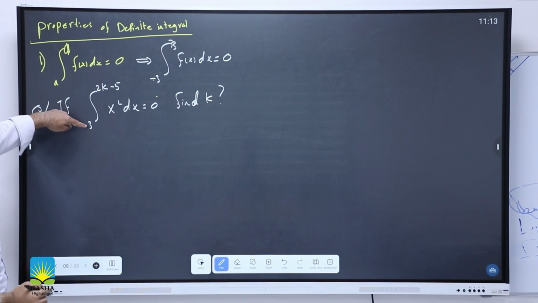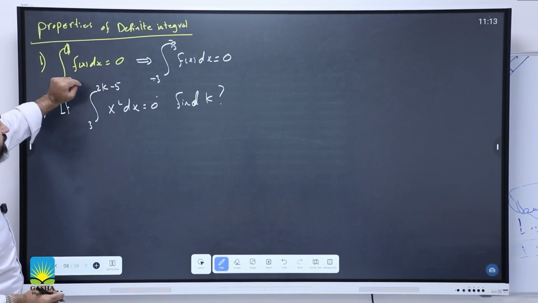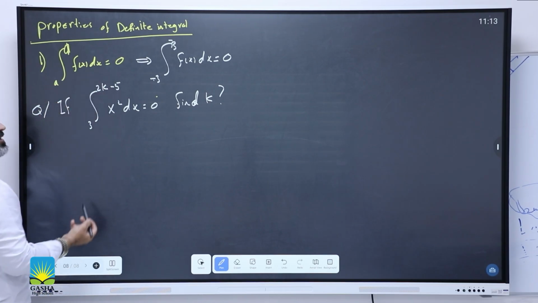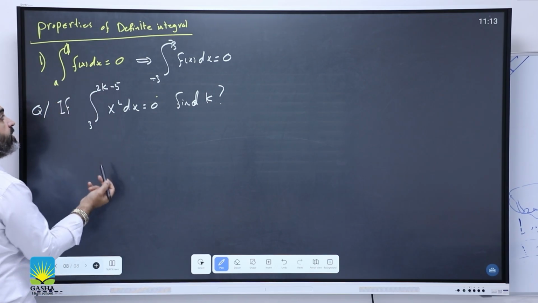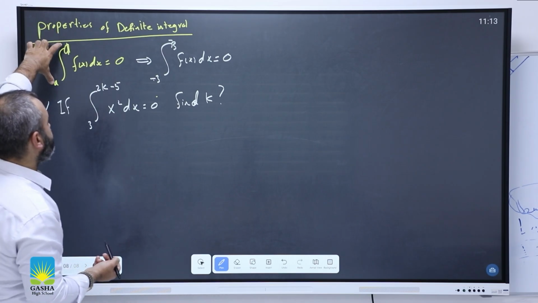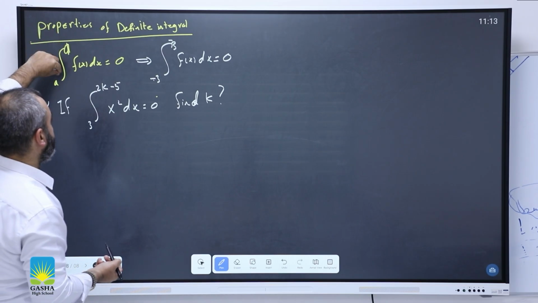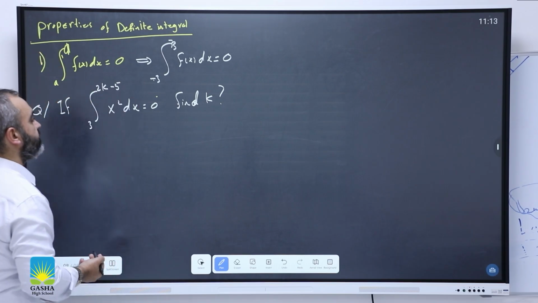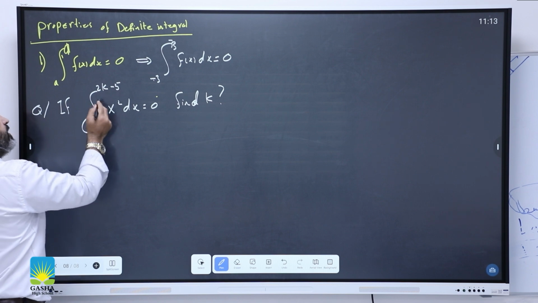So the integral from 3 to 2k minus 5. We have property 1. Property 1 says if the interval is equal, a to a, the integral becomes 0. So we have 3 here.